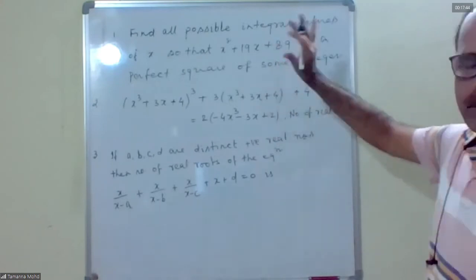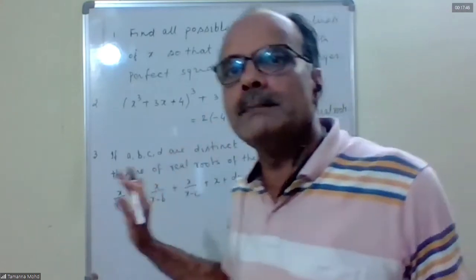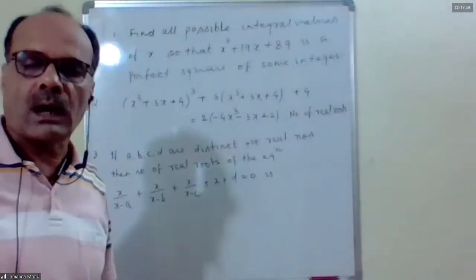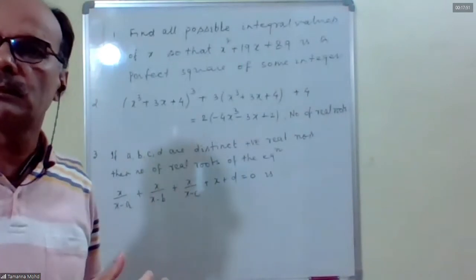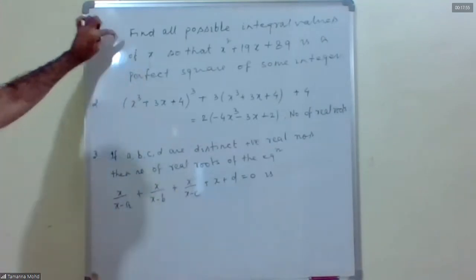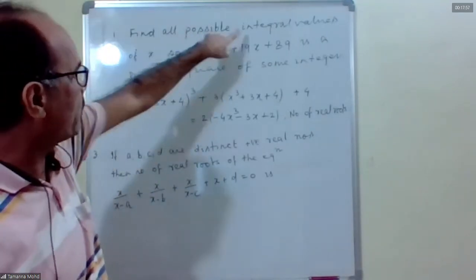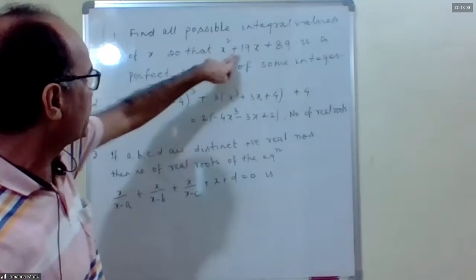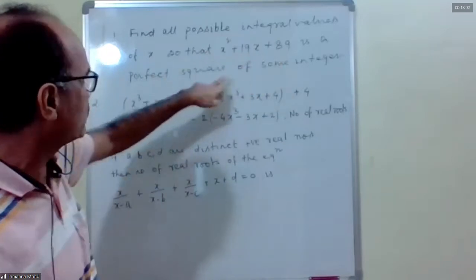You write it. At least spend some time. After that, if you discuss, that will be more fruitful. Find all possible integral values of x so that this is the perfect square of some integer.